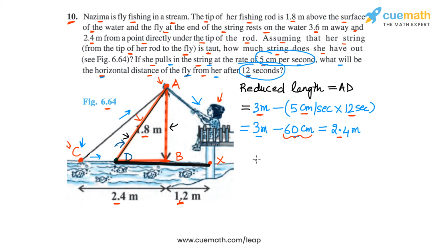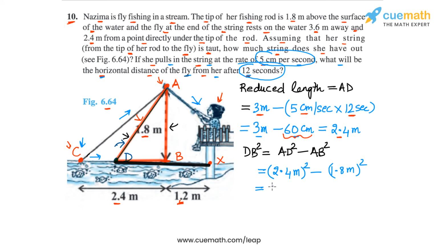So now you can apply the Pythagoras theorem to triangle ADB. So DB square you can now write as AD square minus AB square, and you have the value of both AD as well as AB. So AD is 2.4, so we have 2.4 meters square, and then minus AB is 1.8 meters, so we have 1.8 meter square.